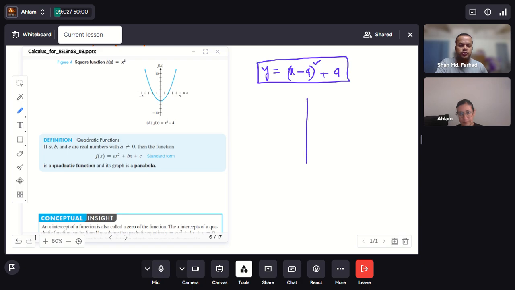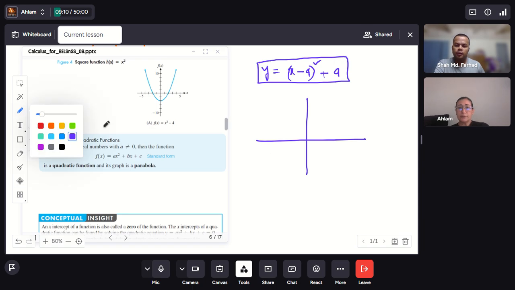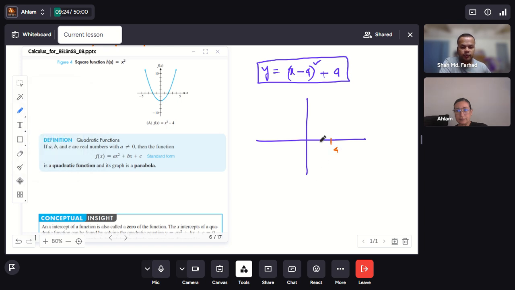What are the changes here? Right, exactly. If we consider this one as 4 and this one as 4, it will be just like this, right?